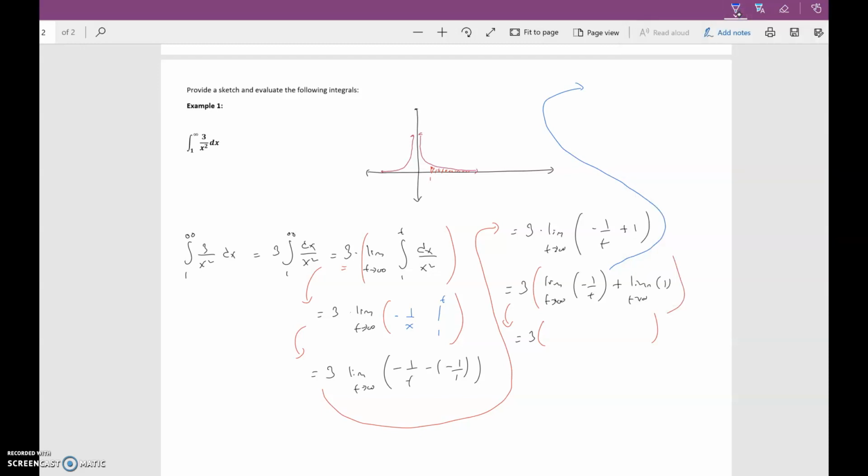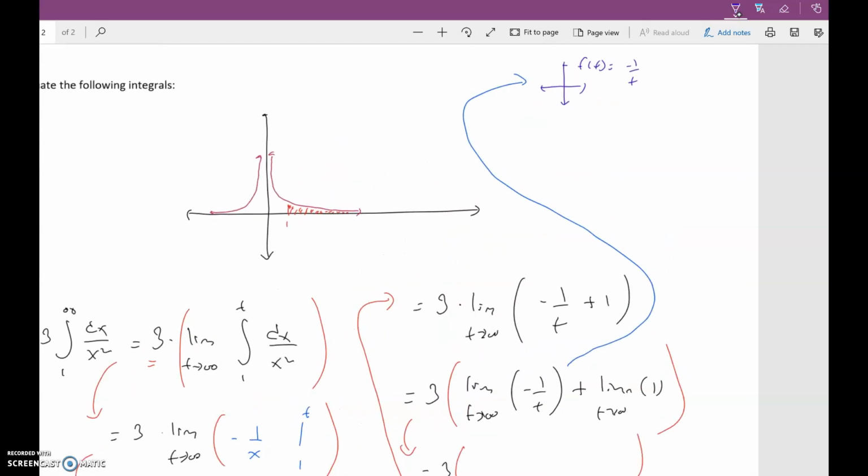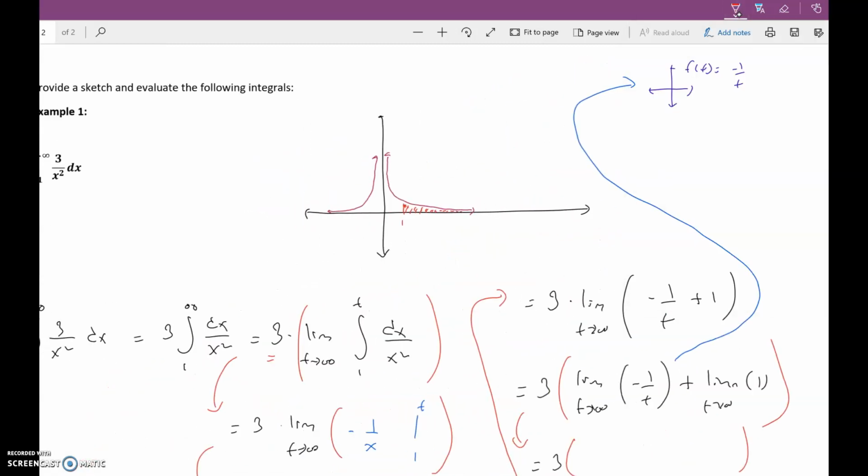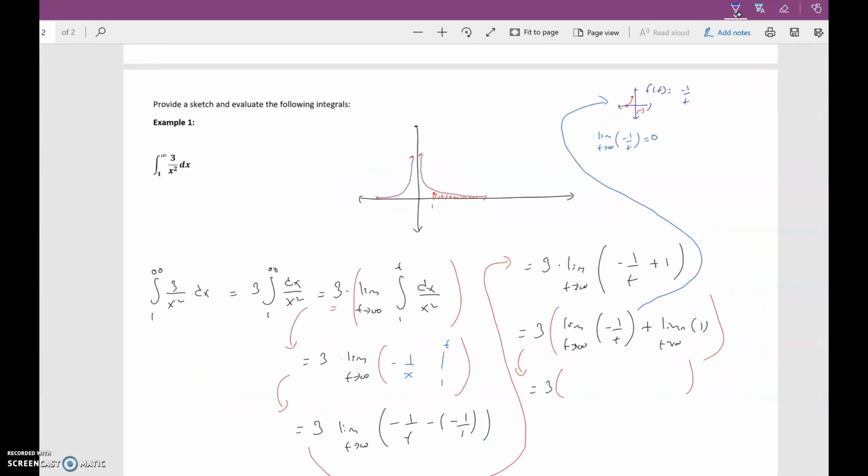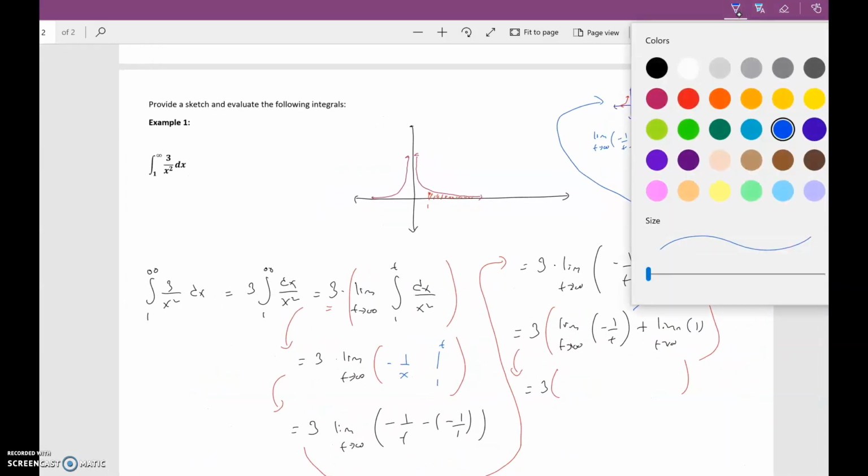So we're looking at the following for the first function. The function f of t is equal to negative 1 over t. It's going to have the following sketch. As it goes towards positive infinity, you're going to have this sort of shape. It's the 1 over x but backwards. So for this one, the limit as t approaches positive infinity of negative 1 over t is equal to 0.